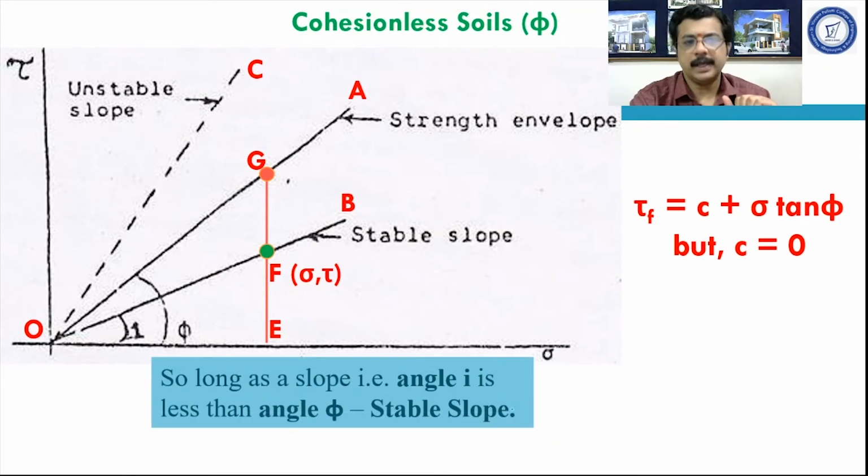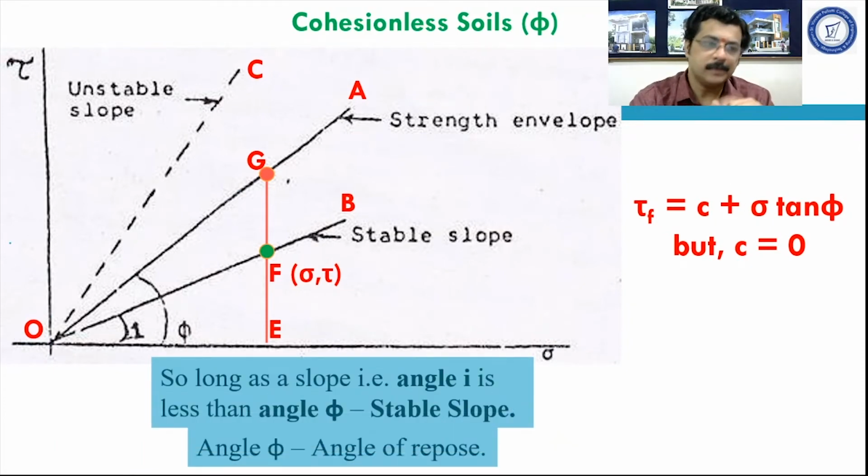One more thing we can say, you can observe on the diagram, when a slope has angle of inclination I less than the angle of repose phi, the slope will remain stable, because any point on that slope or parallel to that slope would be experiencing shear stress below the value of shear strength.